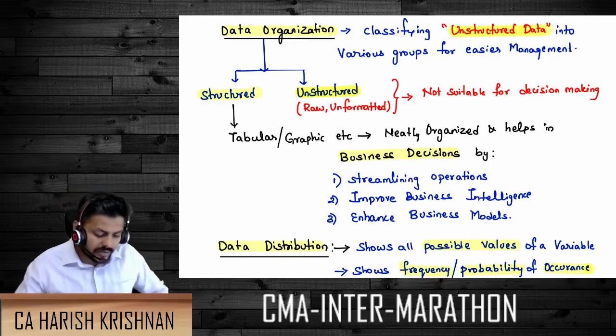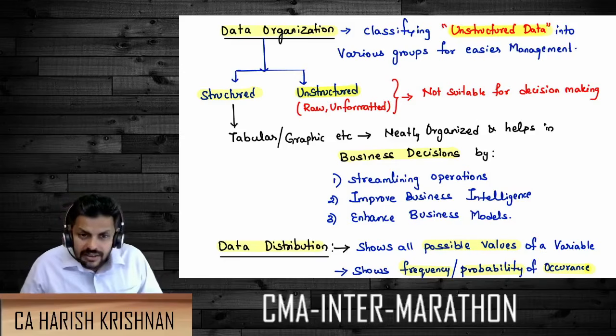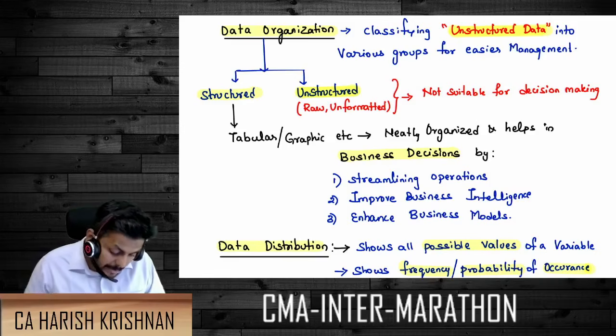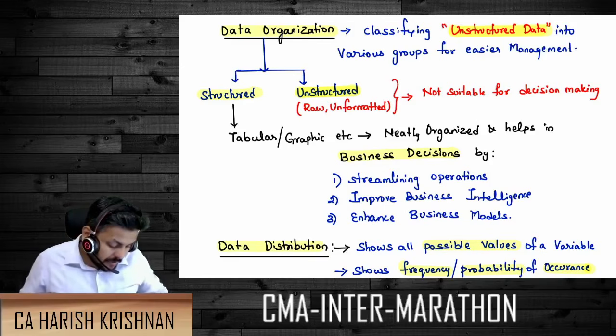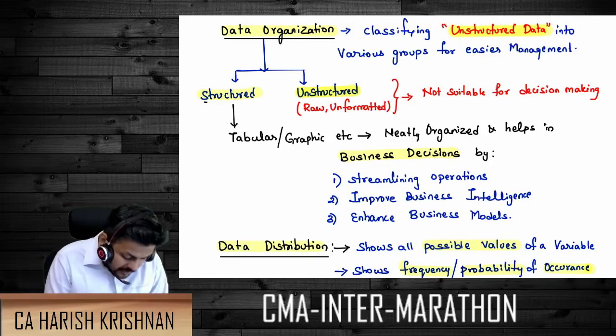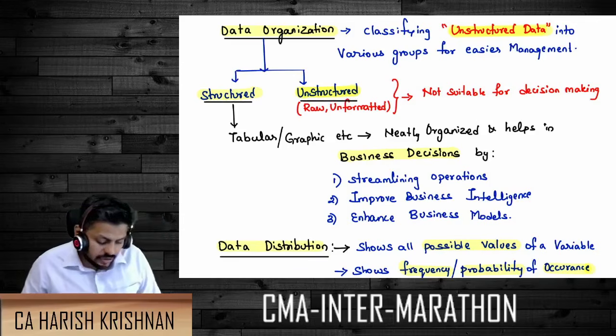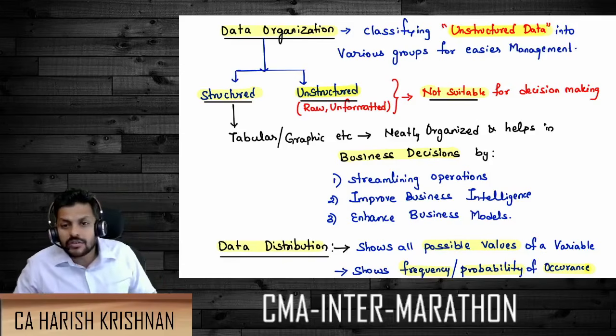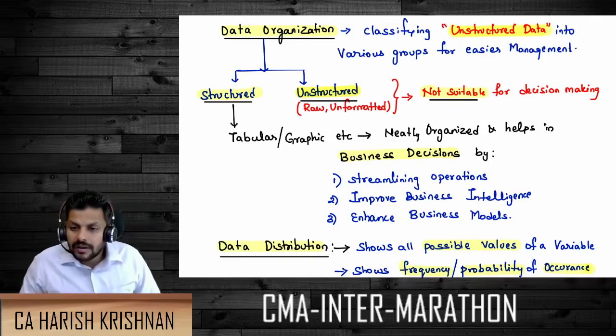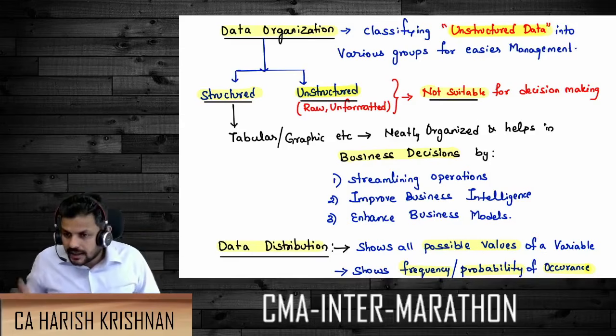So in that context, data organization is about classifying the unstructured data into various groups for easier management. We already know from the previous discussion that data is of two types: structured and unstructured. Unstructured data is raw, unformatted, and obviously it is not directly suitable for any type of decision making. So when such a thing is not suitable for decision making, what is the next thing that you will do? You organize it in the first place.